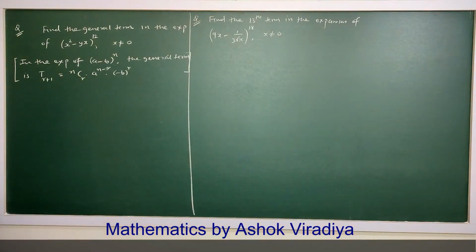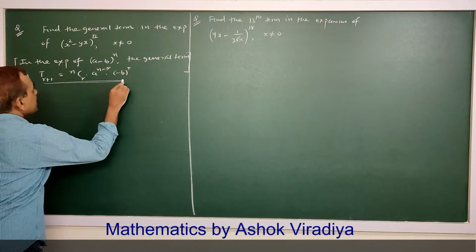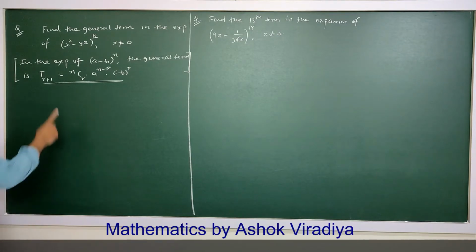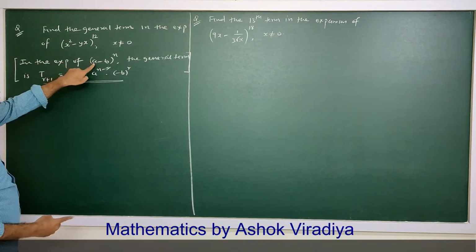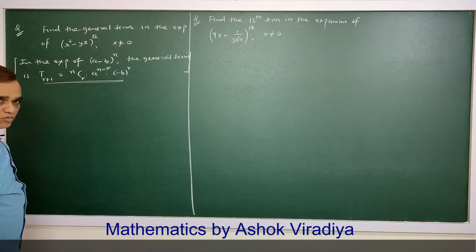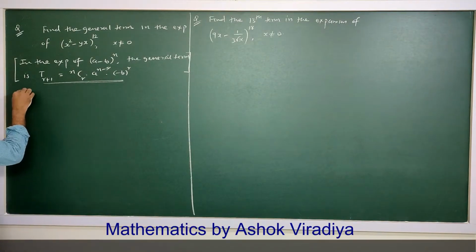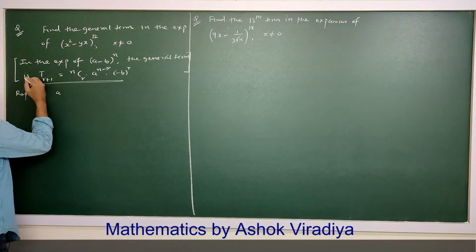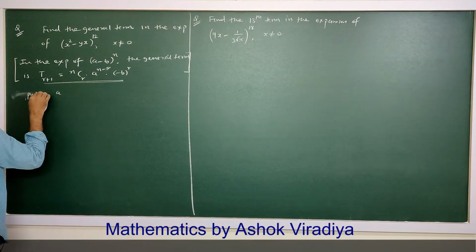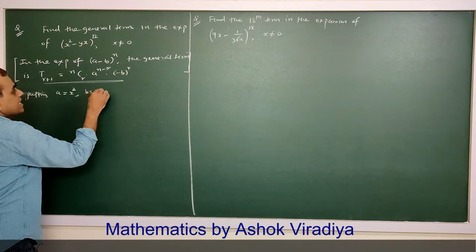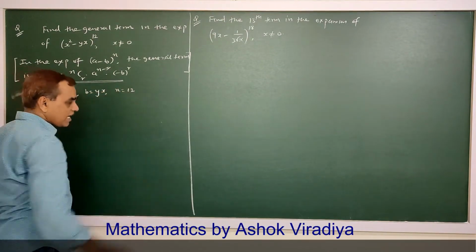So we use this formula. Here we substitute a equal to x square, b equal to yx, n equal to 12.